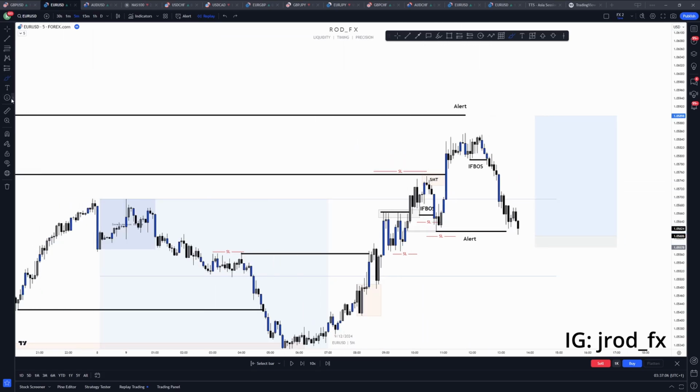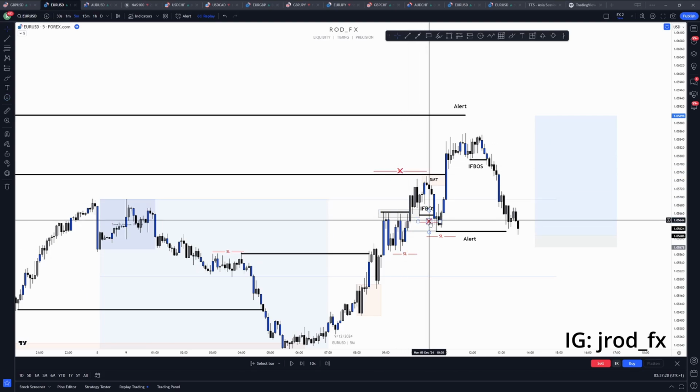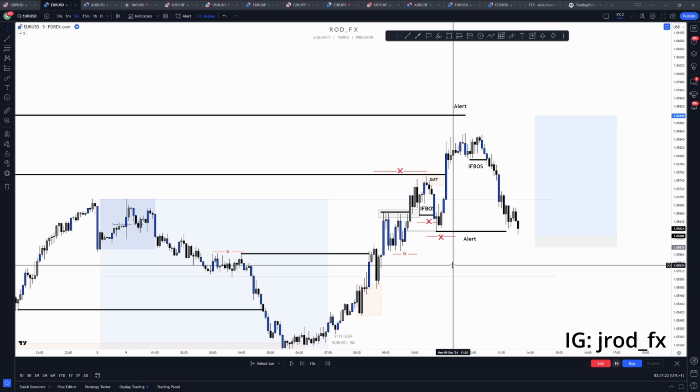So now, I got excited. And this is the proof I love trading. I just get so excited when it comes down to marking up all this that I forget to do even my own due diligence, right?